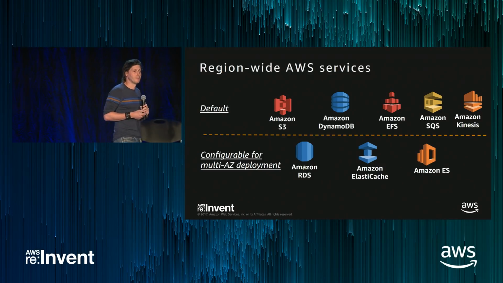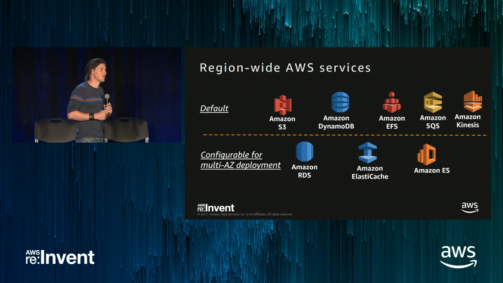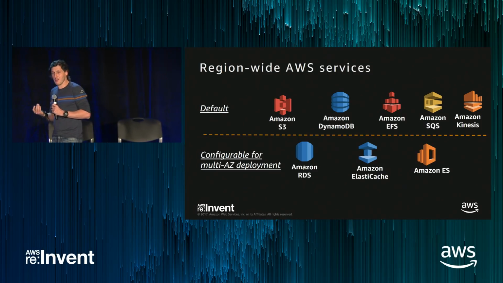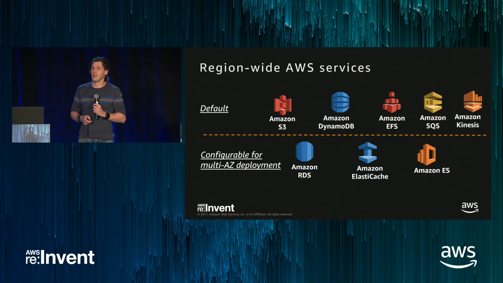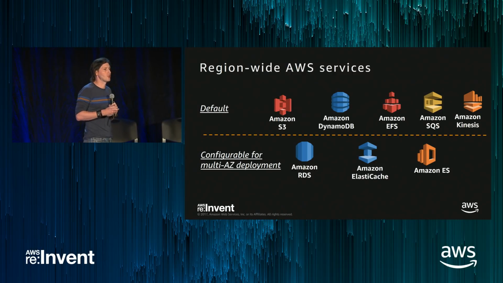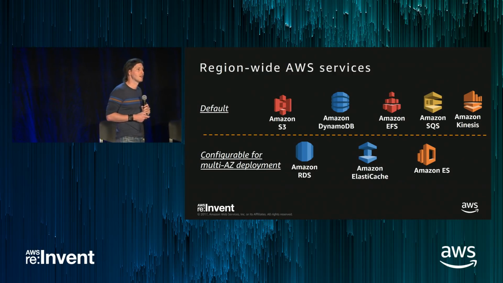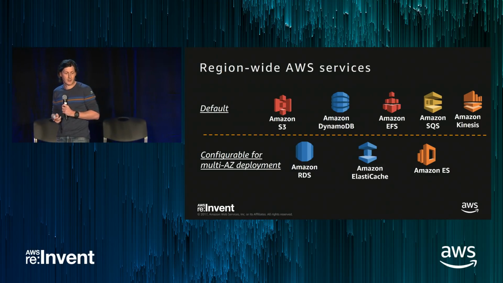Some of them are configurable. There are different costs involved as you do this. For example, deploying Elasticache. It may be that you just need one cache server in one AZ. It's perfectly okay if it's for test and dev or something that's not critical to the organization. But if it is critical, you can choose how many replicas you need across as many AZs as you require. It's about giving you choice.